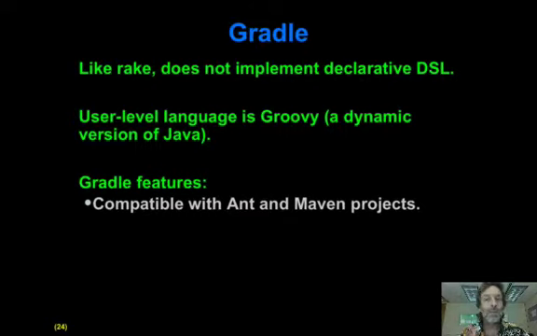So it's very comfortable for people who are familiar with Java to use. And again, it builds in compatibility with the layout and basic structure of Ant and Maven projects, so that the transition, if you're a Maven programmer, to Gradle is pretty easy.